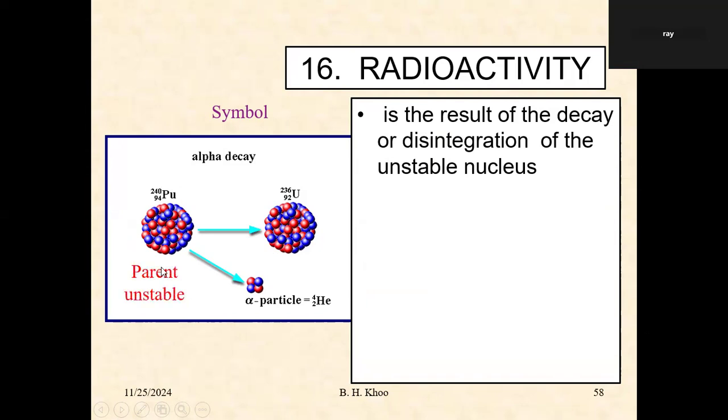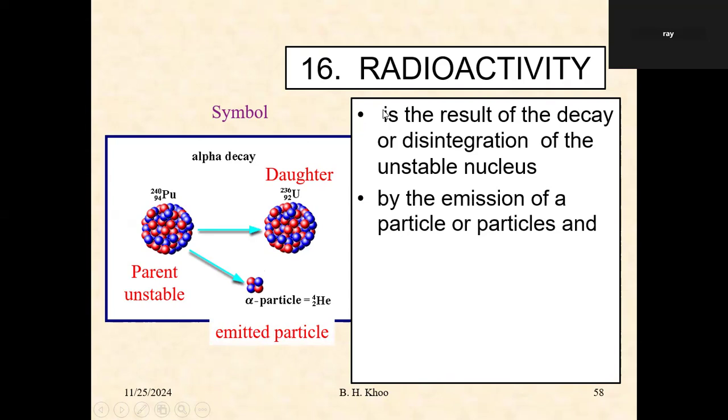The original atom or nucleus is called the parent, which is unstable. Unstable means radioactive. The product is called the daughter. The emitted particle is called alpha. That's the daughter nucleus, and that's the parent nucleus.